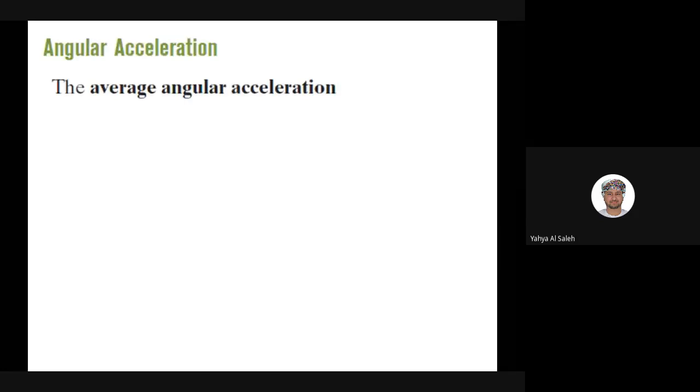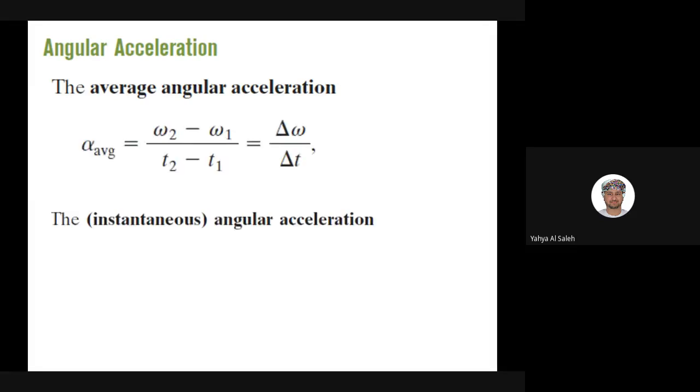Knowing what we know, what is our angular acceleration? Our angular acceleration will be delta omega over delta t, and it will be given by alpha instead of a.